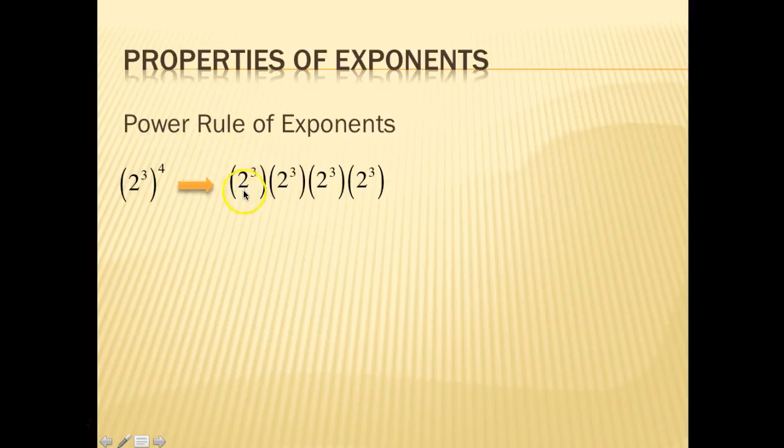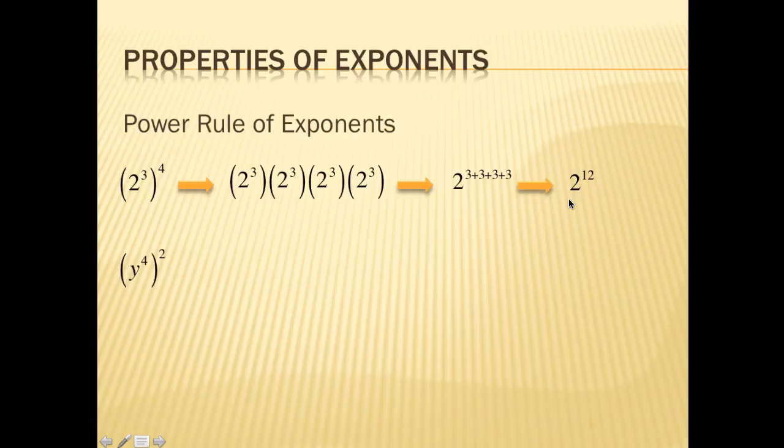Well, I can now use the product rule for exponents in this case because I have the same base and I am multiplying powers with the same base. So 3 plus 3 plus 3 plus 3 gives me 12. So look at what happens with the 3 and the 4 to the 12.